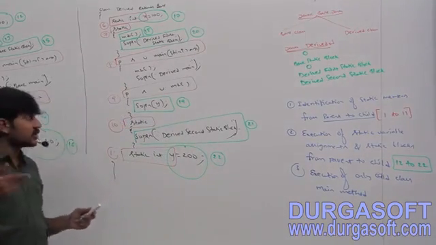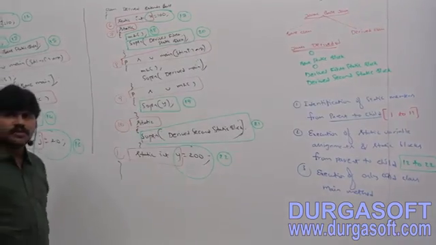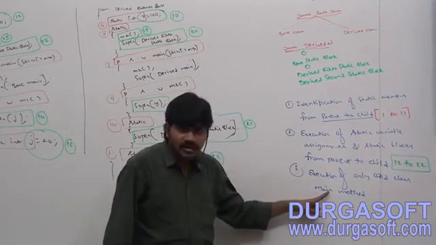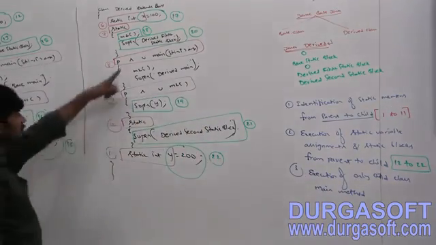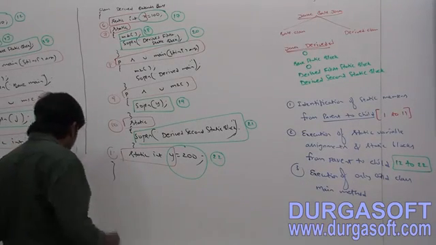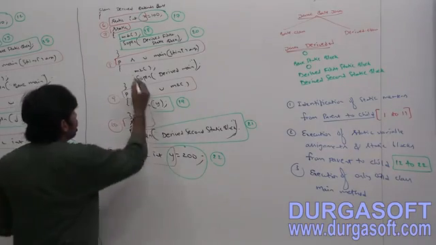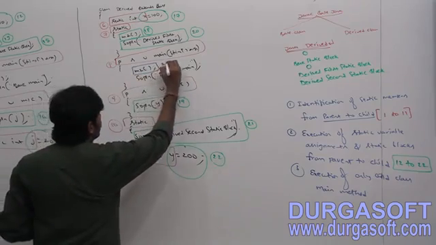What is the next step? Observe, 12 to 22 is done. What is the last step, can you spell out? Execution of only child class main method. In the M2 method, what is the number? 23.